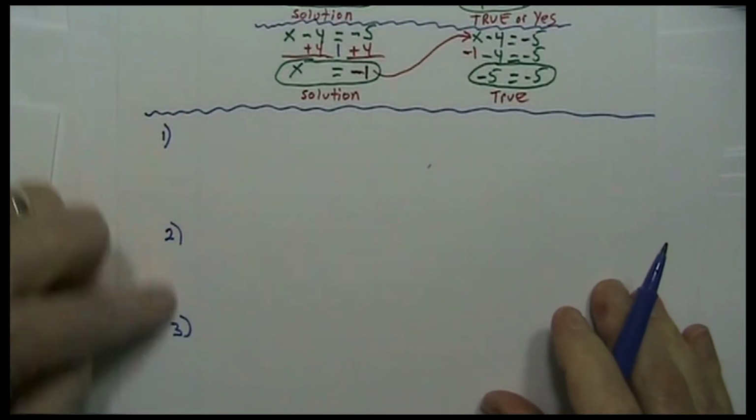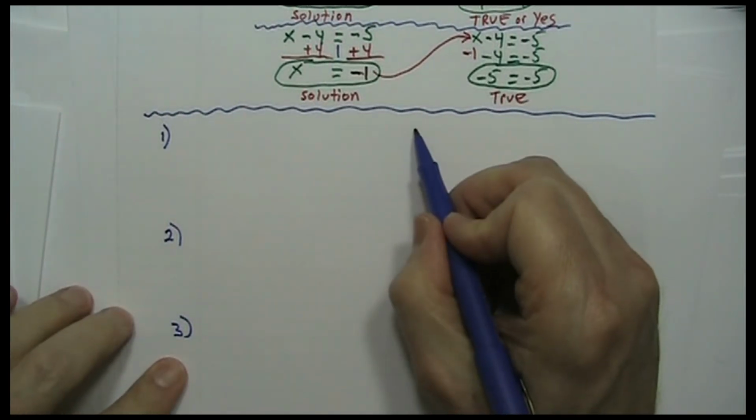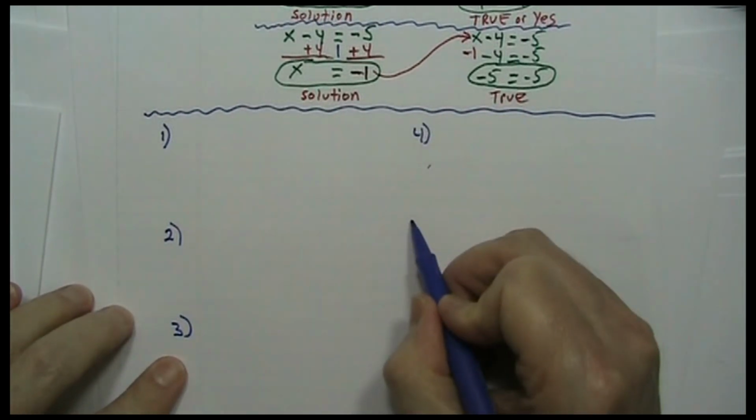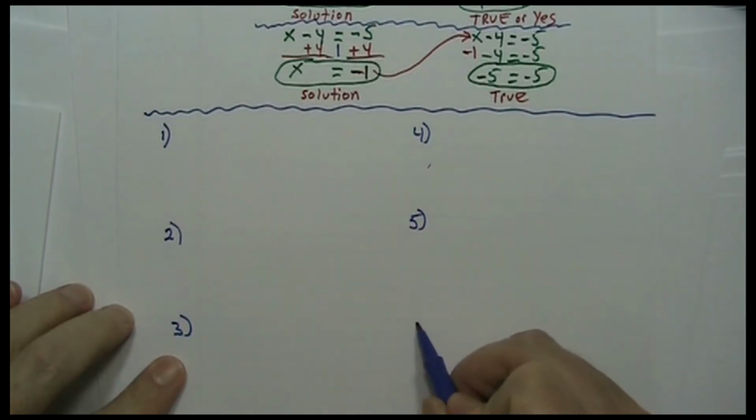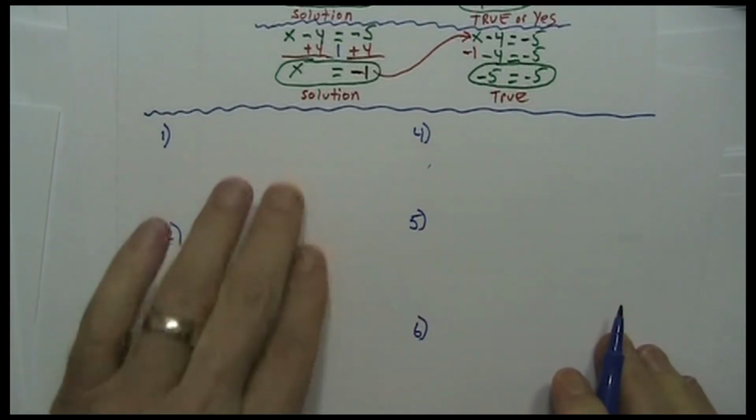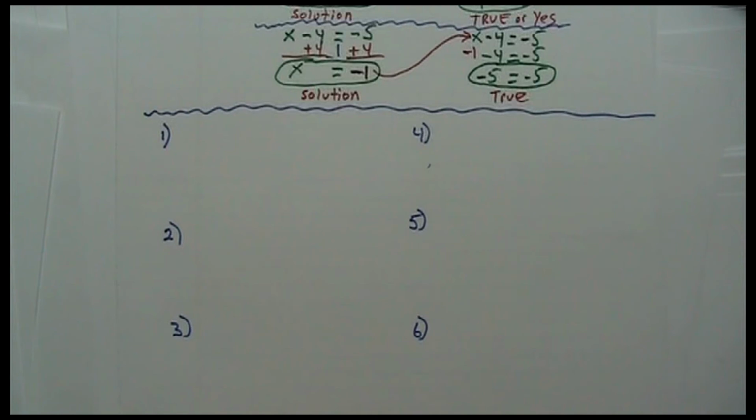So I'm going to do 3, and then another 3. Now, if you can't fit that in your paper, then that's okay. Just put it on the other side. No worries.